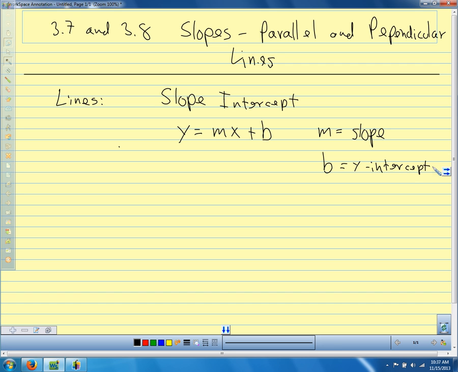Who can remind everyone, what do we mean when we say y-intercept? The y-axis, where it crosses the y-axis. So if I have just a quick sketch here, if I have a line like so, where it's crossing the y-axis is the y-intercept.